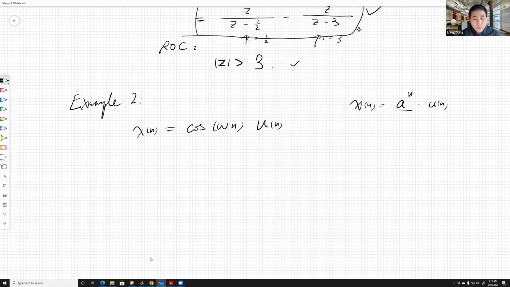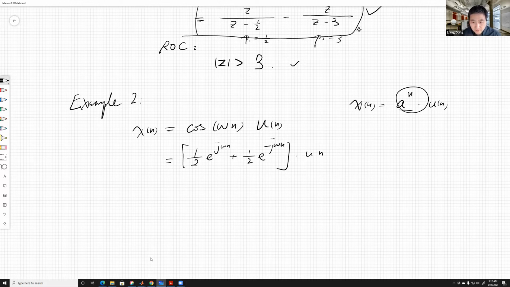I also want to make it a format like this, to the power n. So for the cosine function, using the Euler identity, we can write it as half e to the power j omega n, plus half e to the power negative j omega n.